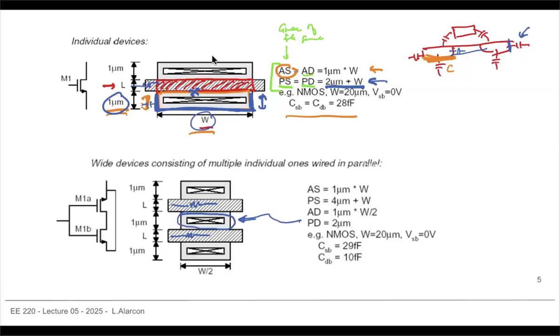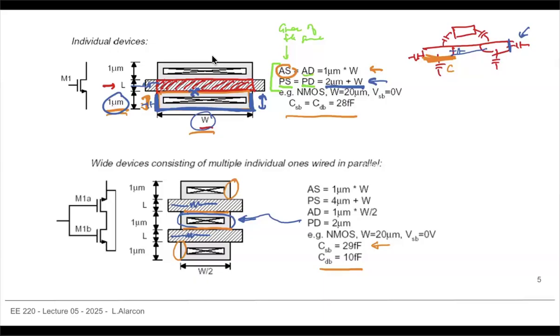But for here, you can see that the source actually increases by a small amount. Why? Because you have that extra perimeter, here and here, instead of just having one whole thing. But notice that the drain to bulk is significantly smaller, just because you actually don't count the two perimeters here because they're connected next to the gate, the channel region of a transistor.